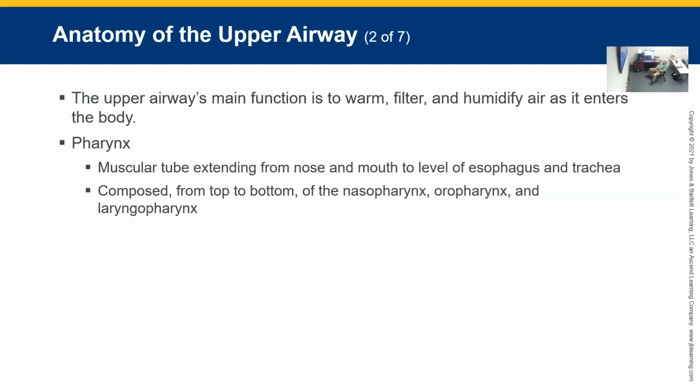I'll go ahead and mention this again. I mentioned this last week when we talked a little about the airway anatomy and physiology. The entire airway system is covered with epithelial tissue, which is mucus-producing tissue, and the blood is very close to the surface. That's part of the reason it allows the filtering and humidifying.